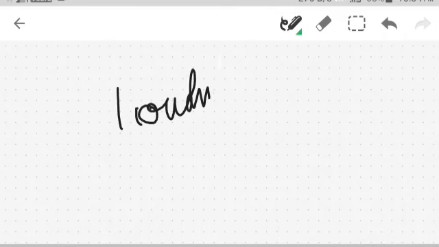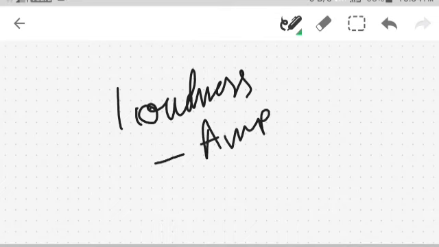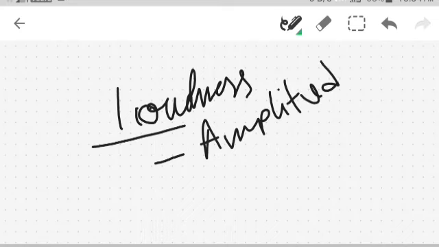Now we talk about loudness. Actually, loudness depends on the amplitude. When the amplitude increases, the loudness also increases, and when the amplitude decreases, the loudness also decreases. We can say loudness is directly proportional to the square of amplitude.